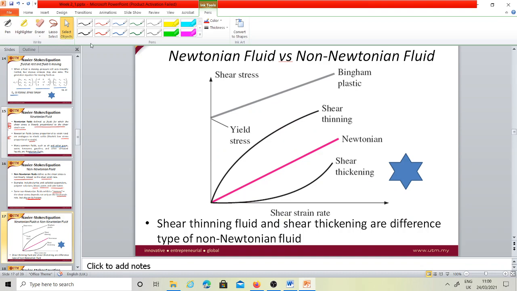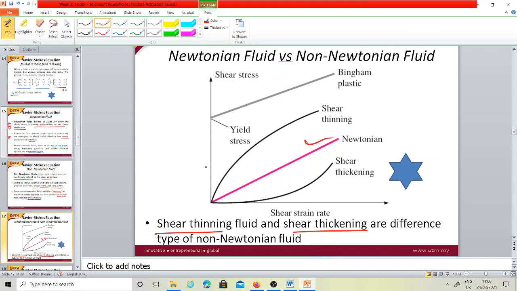So if you plot stress against strain rate, this one is linear. This is a Newtonian fluid. This one is shear thinning, and this one is shear thickening. So we have these two different non-Newtonian fluids.